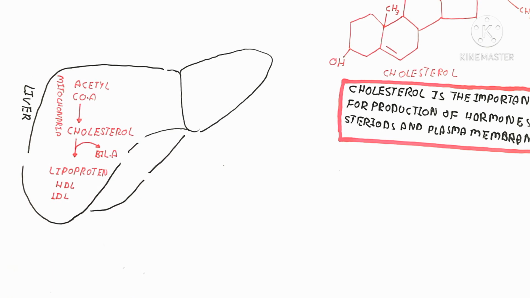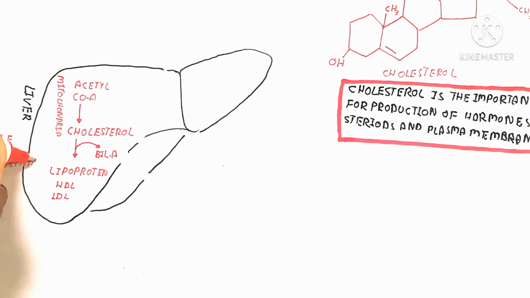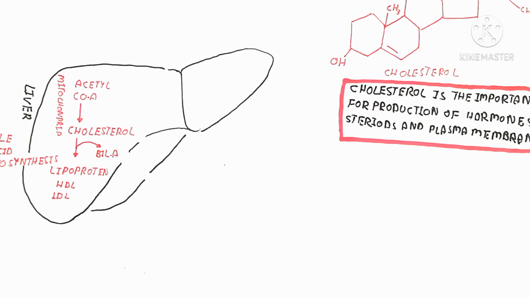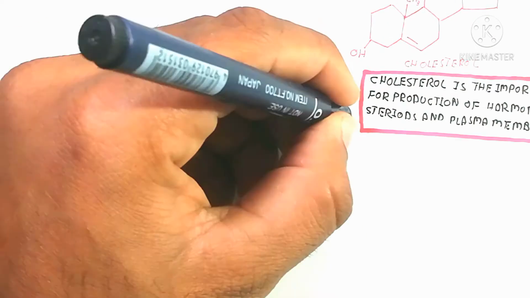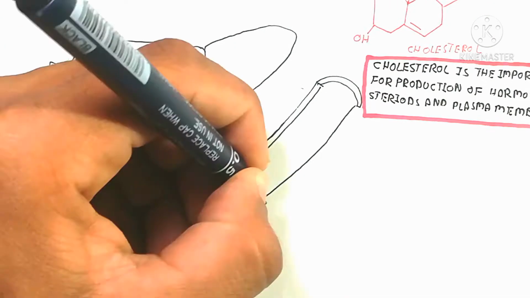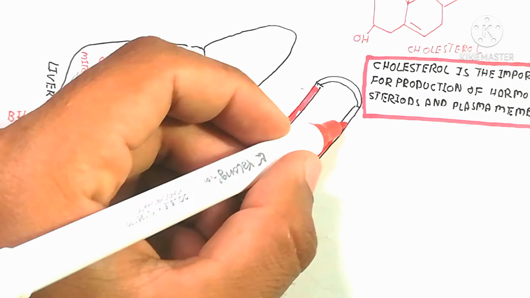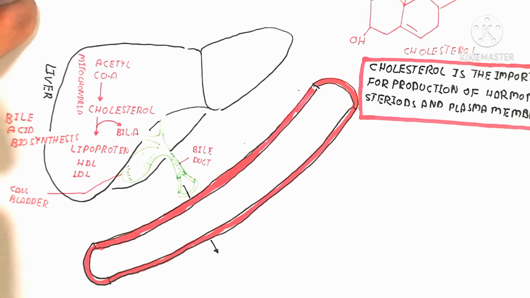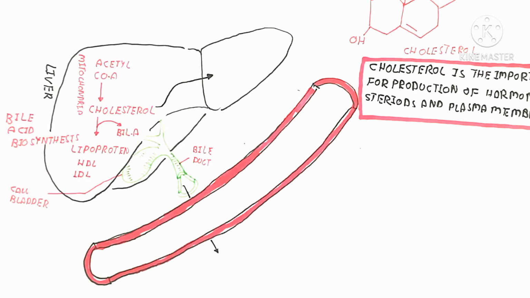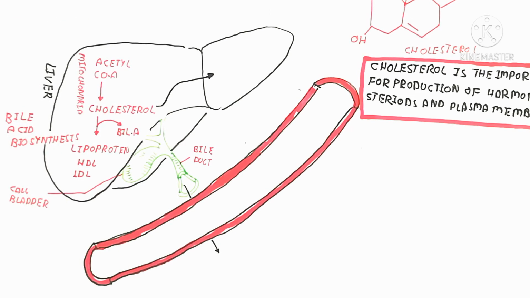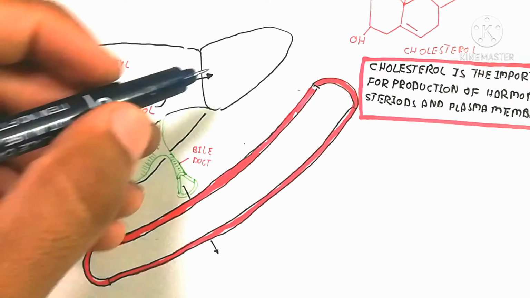From this cholesterol, bile acid can be produced, and lipoproteins, high density lipoprotein and low density lipoprotein, will be produced. Here is a bile duct and a gallbladder. The gallbladder contains bile acid and bile pigment, which is the byproduct of the breakdown of red blood cells.